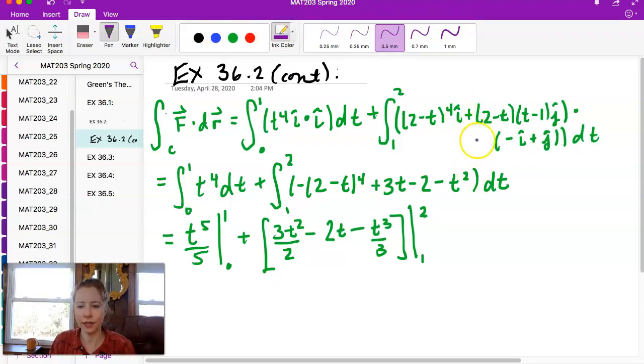So let's let u equal 2 minus t, and then, oh, I didn't write down the last piece.